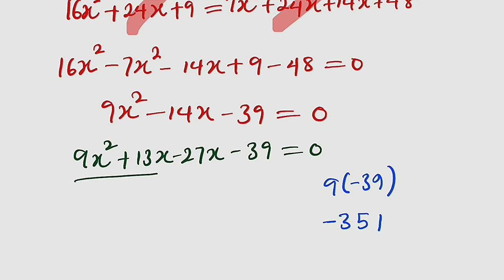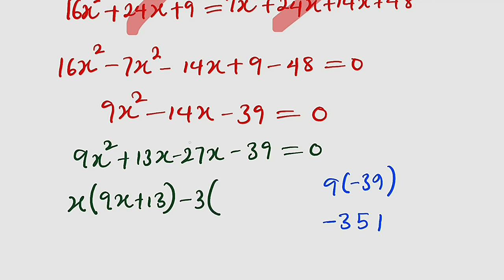So from the first two terms, what do we have in common? Just x. So we have x outside the bracket: 9x plus 13. And from the second terms, we have negative 3 in common. So that the whole of this, negative 27x divided by negative 3, will give us positive 9x.